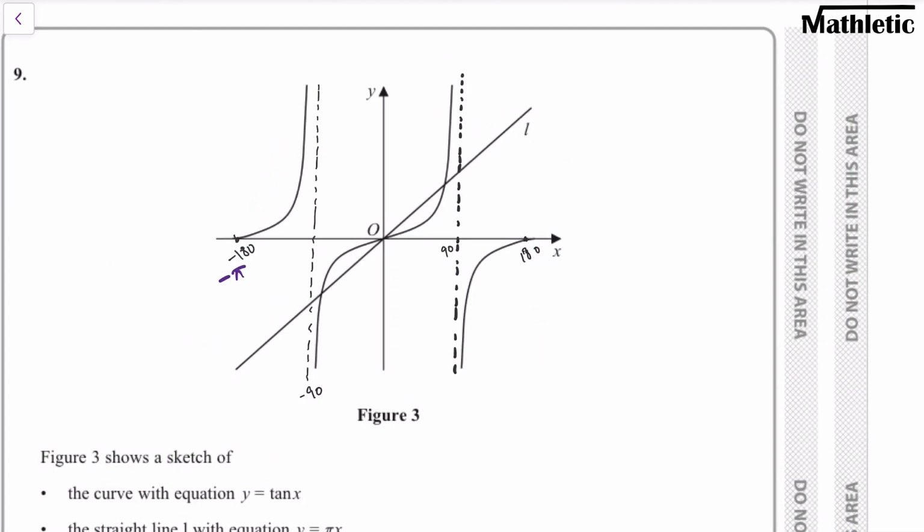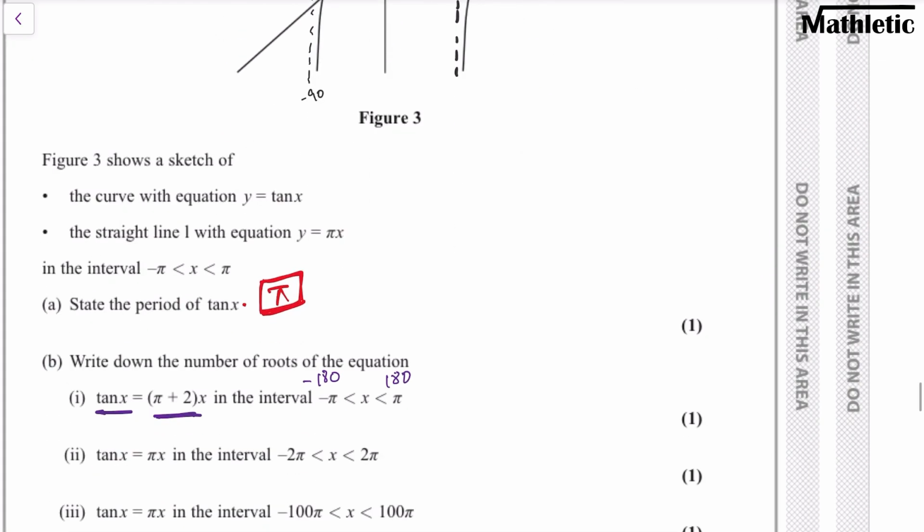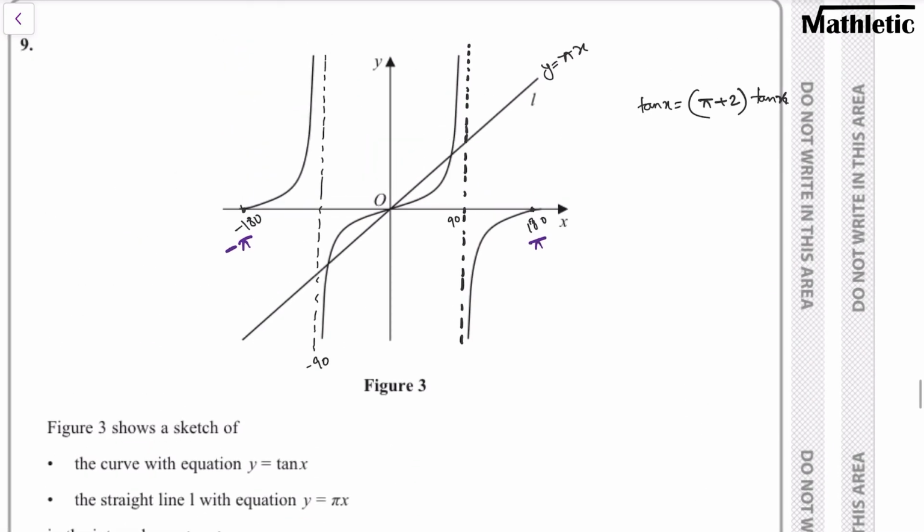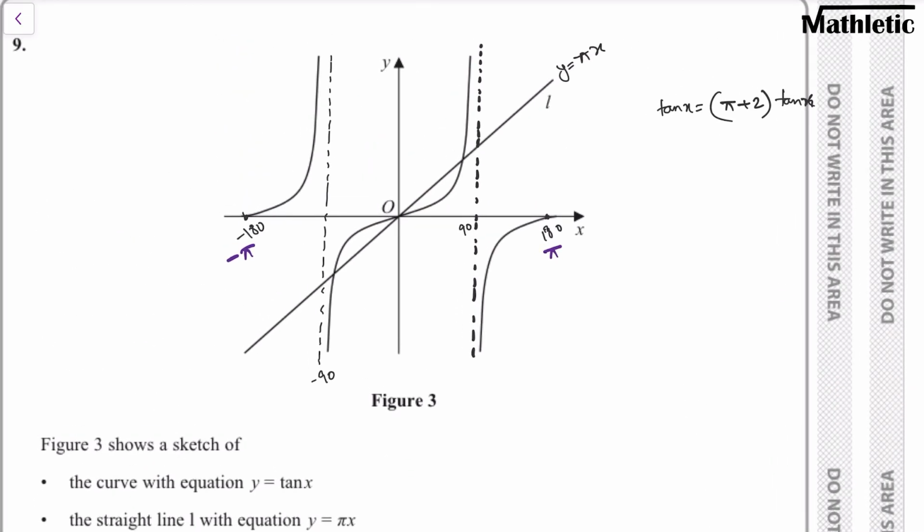The straight line given is actually pi x, but we need to work with pi plus 2 x, but both of them are similar. We need to find the number of roots, which means we need to find the number of intersecting points. The given line actually intersects with the tan x curve at 3 different points. This line will also intersect at 3 different points.